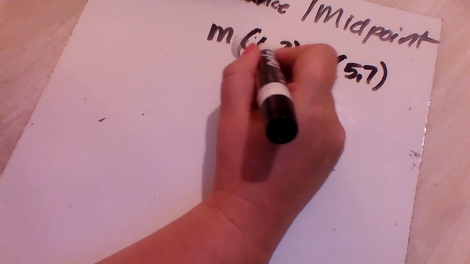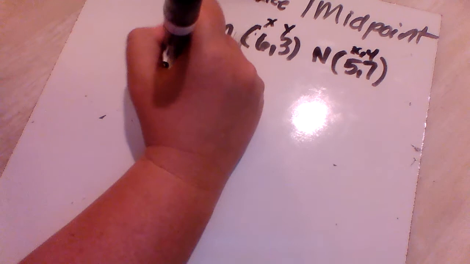So the point M is (6, 3), sorry about my children screaming, and N is (5, 7). So these are 2 points right here. These are the coordinates. Remember, your first coordinate is your x coordinate, and the second number is your y coordinate.